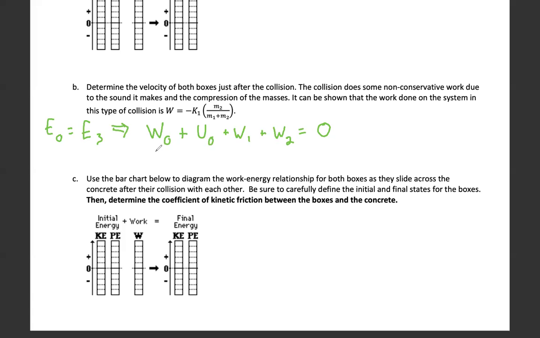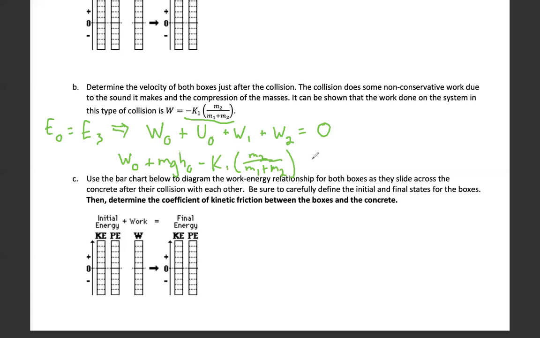So this we could rewrite as work 0, that was the initial 600 joules, plus mg h0. And then this work 1, that was this term right here, minus K1 times M2 over M1 plus M2.